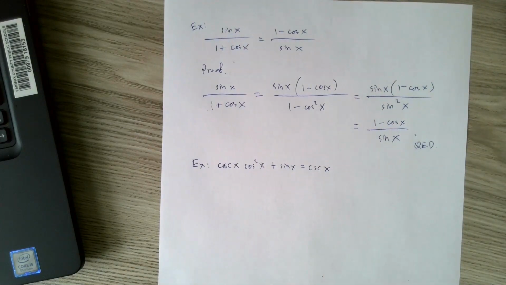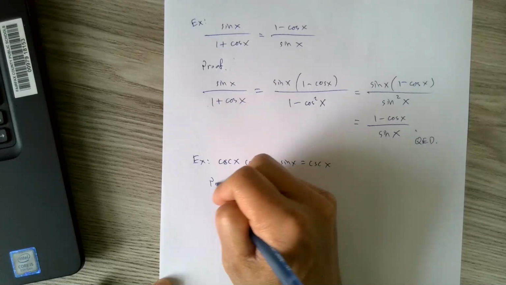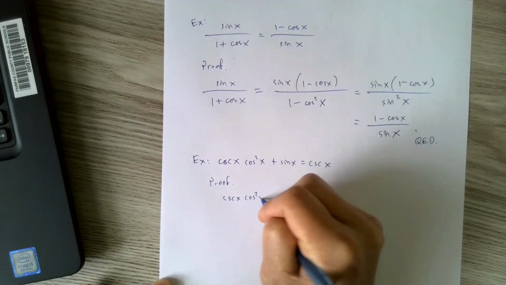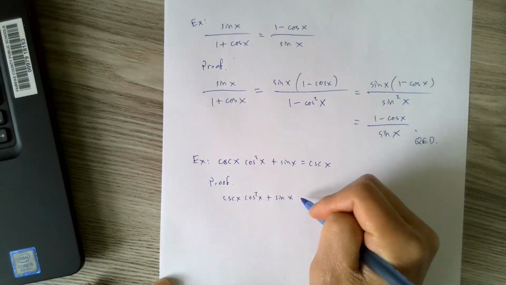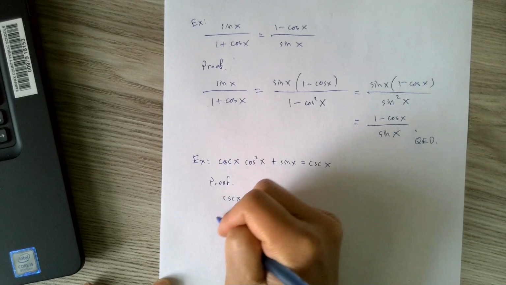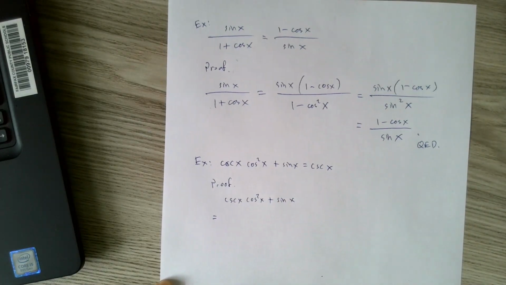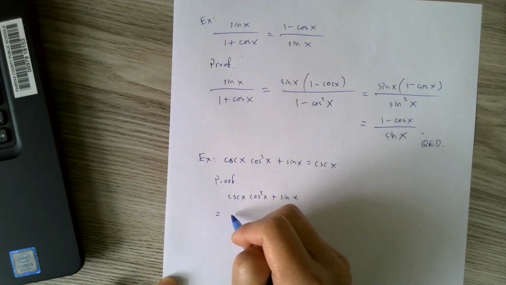So obviously the left side is more complicated, so I'm starting with that. Okay, cosecant is not in terms of sine and cosine, so I'll change that to 1 over sine.